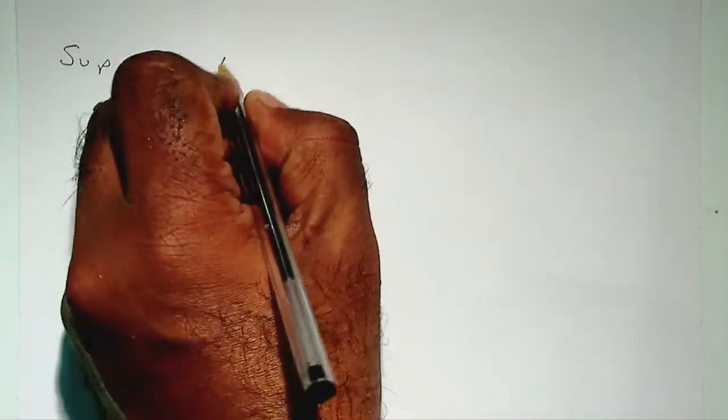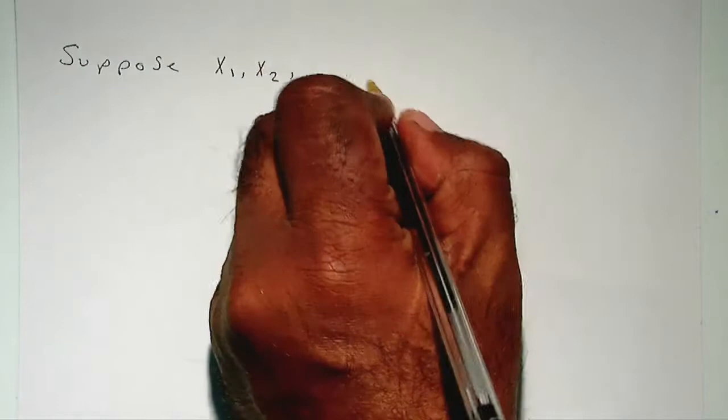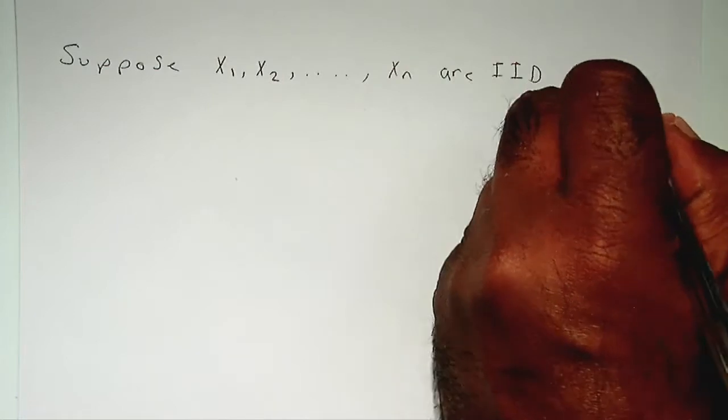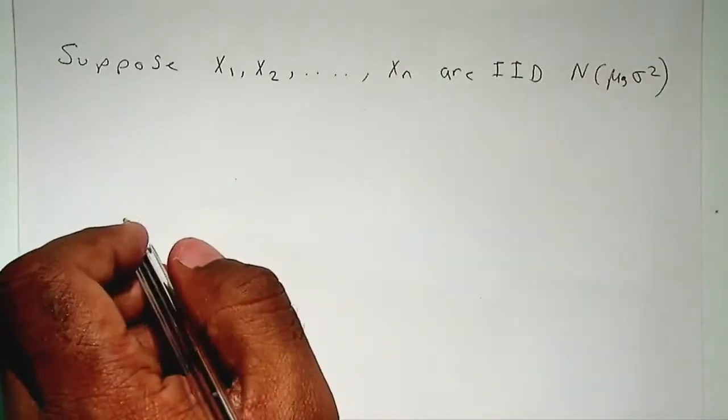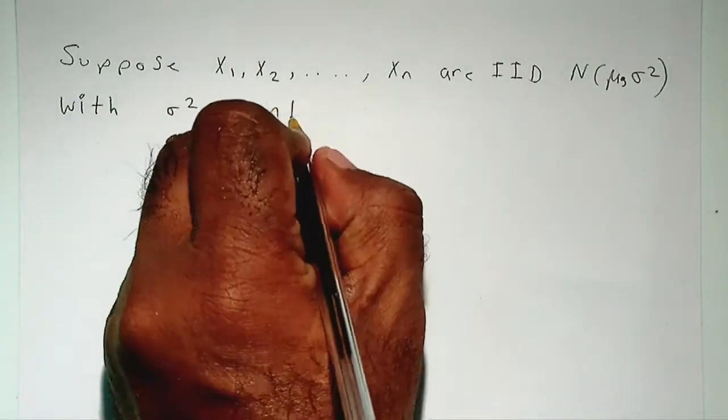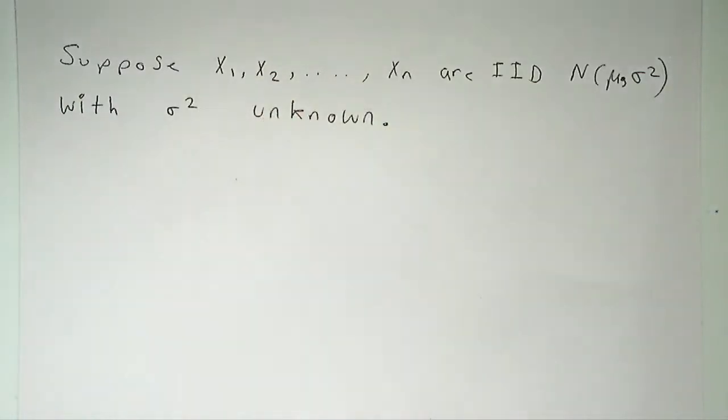So here I'm going to consider the case where, suppose you have a random sample with the variance unknown, right?